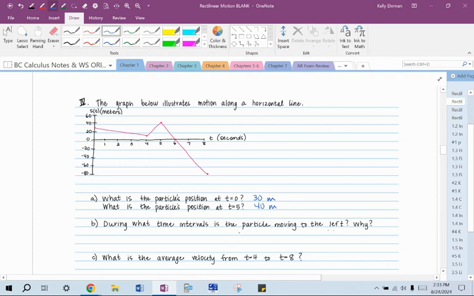During what time intervals is the particle moving to the left and why? So I know the particle is moving to the left when the position is decreasing. So when s of t is decreasing, when the position is decreasing, the particle moves left.